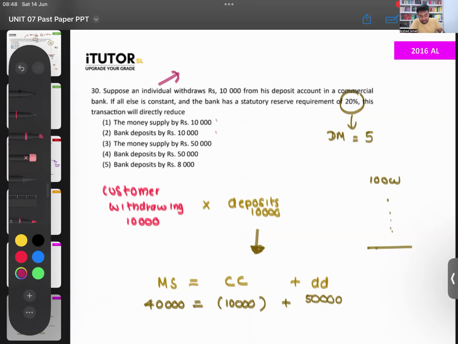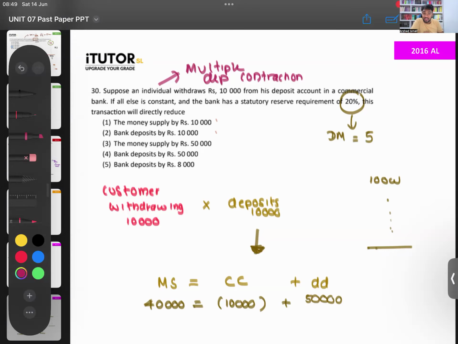Now, if there is a withdrawal, just make a note, there is a multiple deposit contraction. So if your multiplier is 5 times, because of this 10,000 withdrawal, in your entire banking system, demand deposits should have changed by how much? If this is the opposite of it.